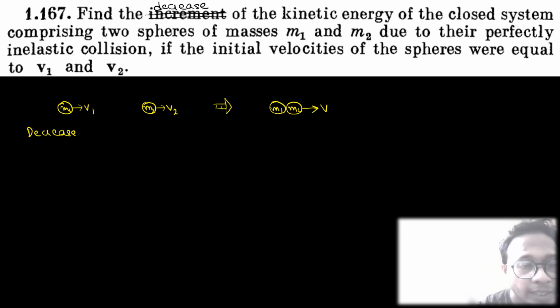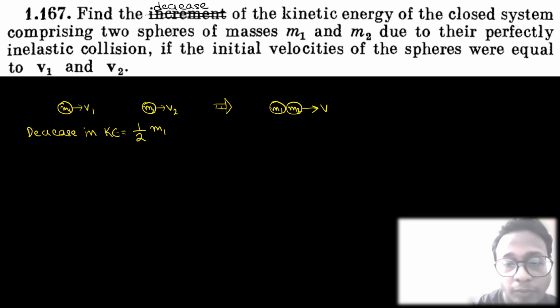Decrease in kinetic energy is nothing but the final kinetic energy minus the initial. What is the final kinetic energy? Half of (m1 plus m2), the total mass of the system, times v squared. This is the final kinetic energy. Minus what is the initial kinetic energy of the system?